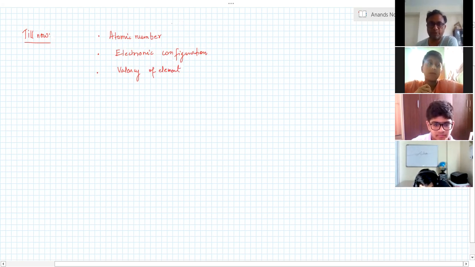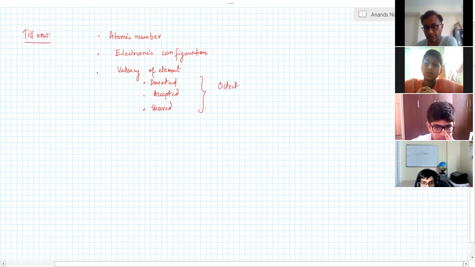So we use that principle to find out how many electrons are donated, are accepted, or shared, which is what we are calling as valency, for the atoms to get the octet configuration. Once you know the valency, we were able to write the chemical formula for a compound.